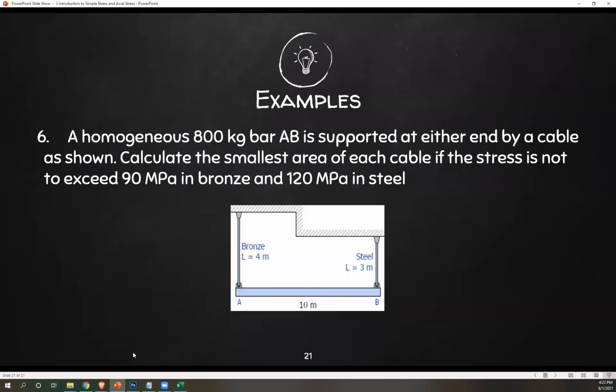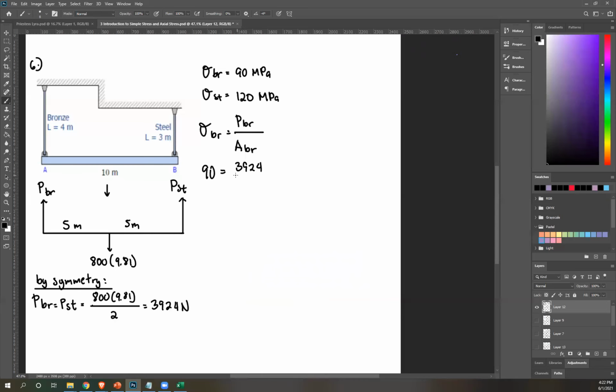Are we looking for area or diameter? Area, okay, so just A. 3924 over A. Solving for A here, A of bronze, you get 43.6 millimeters squared.